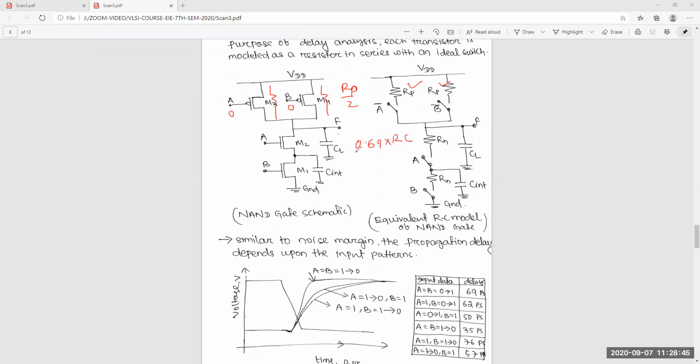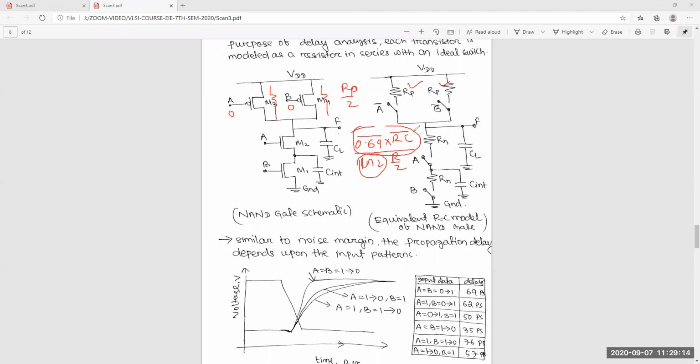Yes or no? Sir, ln? No, 0.69 is ln 2, so I replaced that. So 0.69 RC. Here in place of R you can put R by 2 because it's parallel. That means the propagation delay will decrease. That is the propagation delay for the first case.